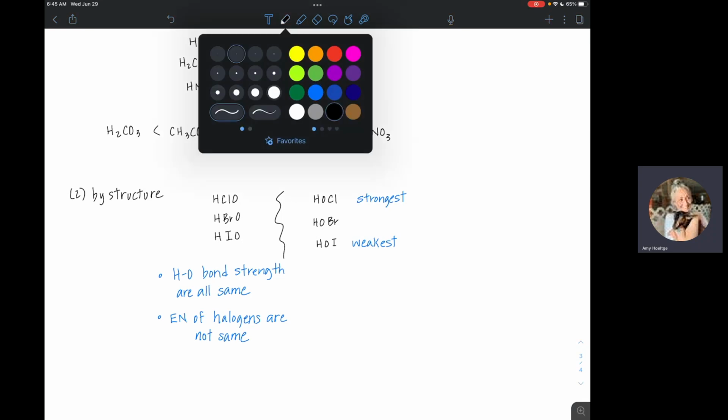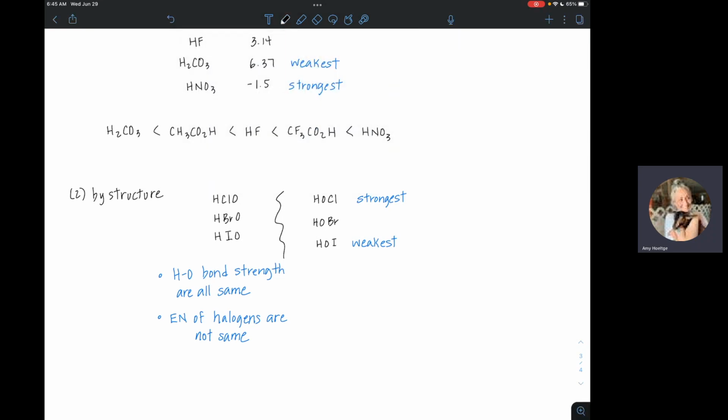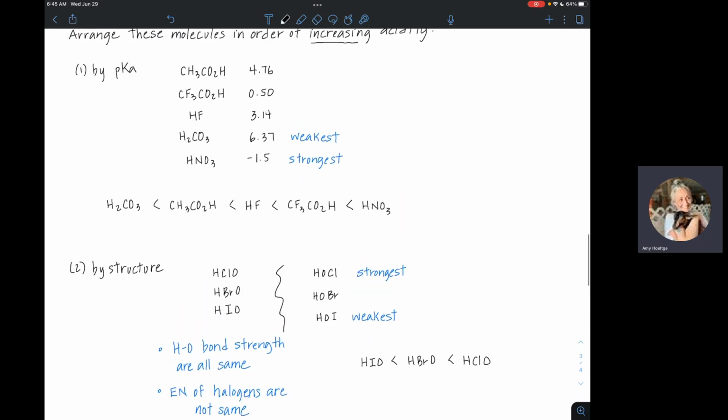So then just arranging these in order of increasing acidity, we start out with the weakest. And then we take the next strongest. And then the strongest. And that's about it. So that's the type of question you might see.